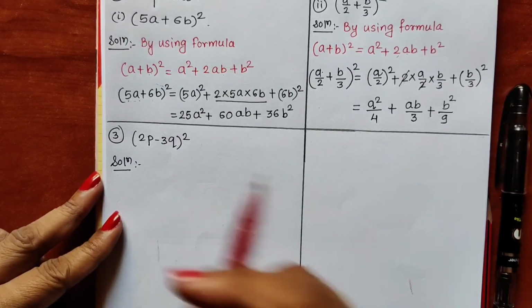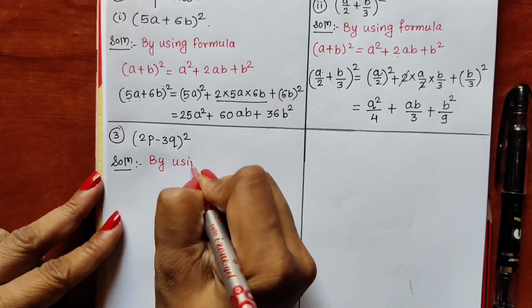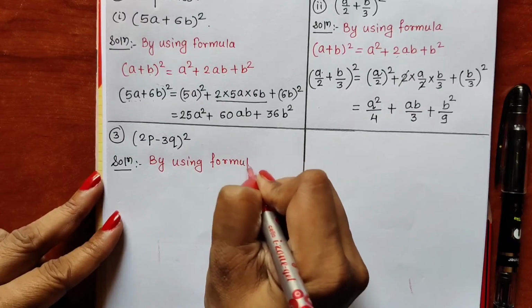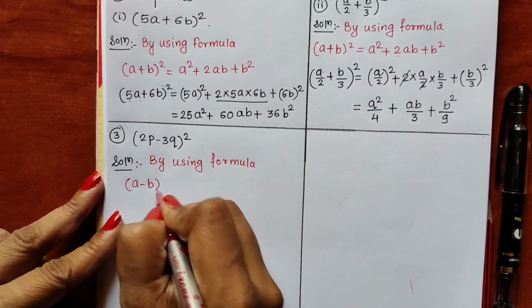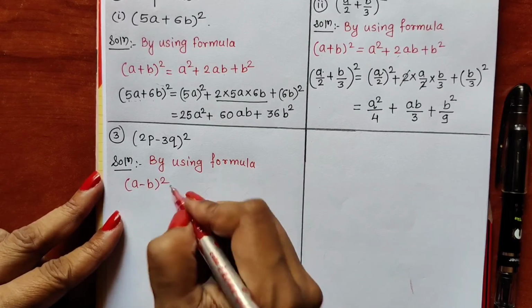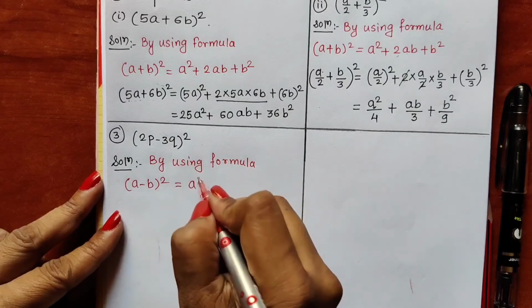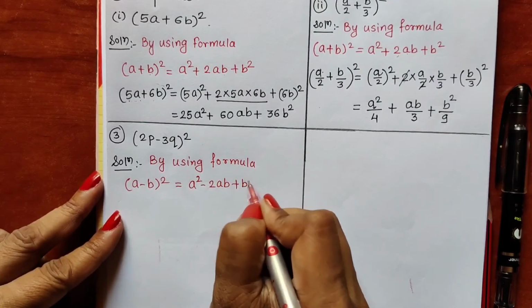By using formula we will write the same thing. Now minus sign is there, so we will use the formula of (a minus b) whole square, minus sign. So it will be equal to a square minus 2ab plus b square.